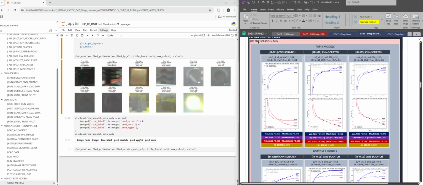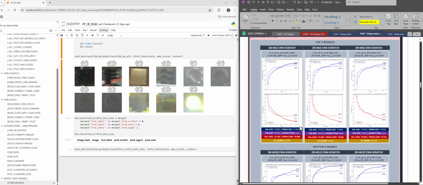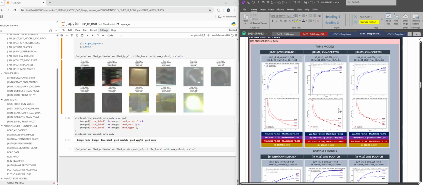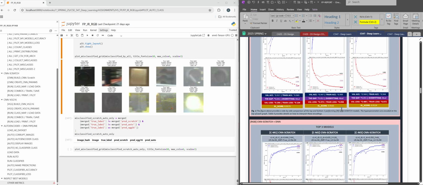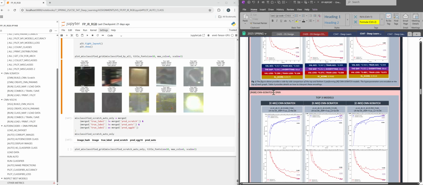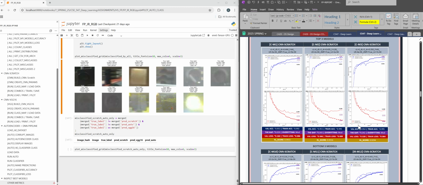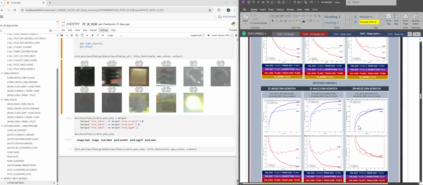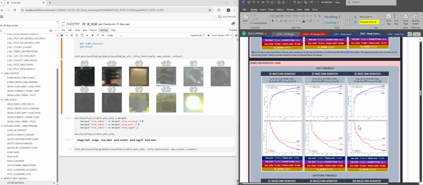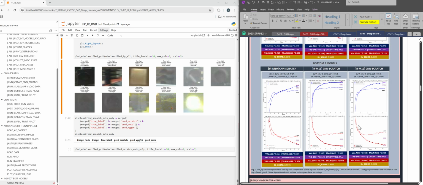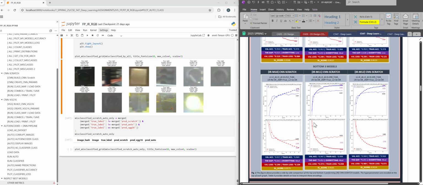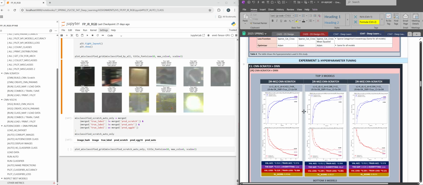This is the infrared data set tested on the models, and then the color images that were tested on the models. As you can see, I got pretty good scores for the top models.